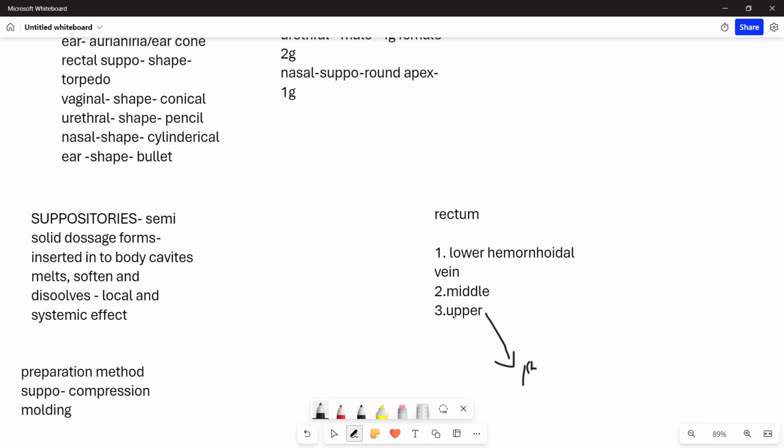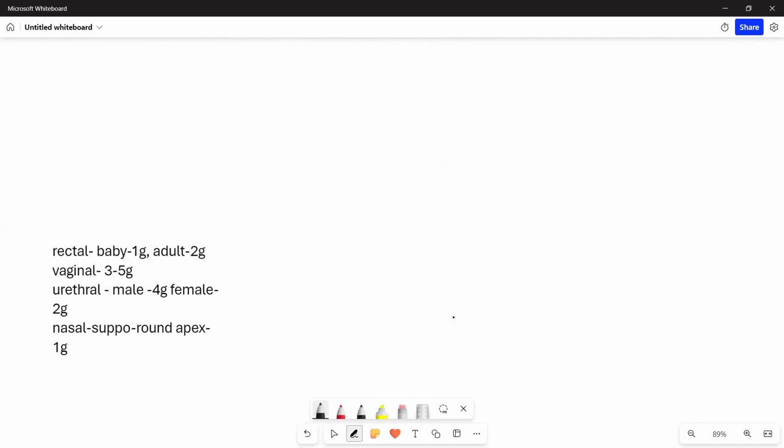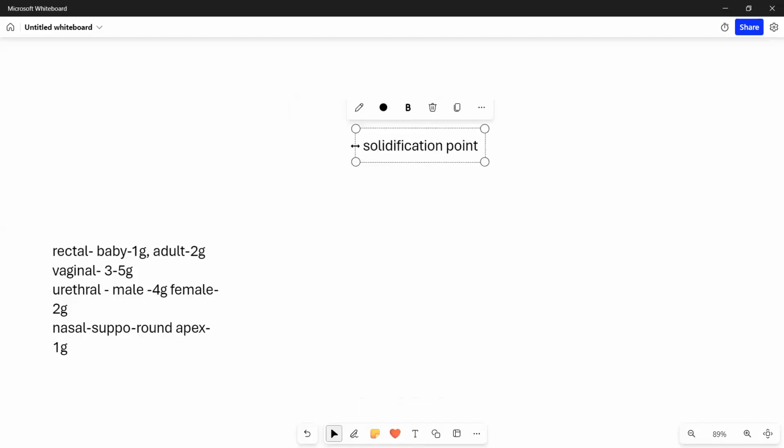So next, another important topic while coming to suppositories is the solidification point. So guys, what is meant by the solidification point for a suppository base? Come on, guys, you have to be quick.